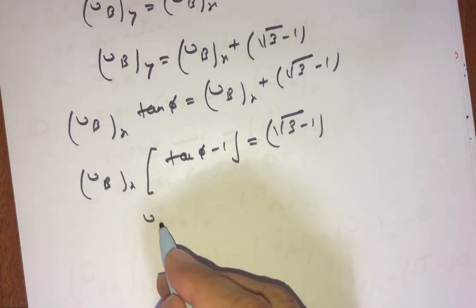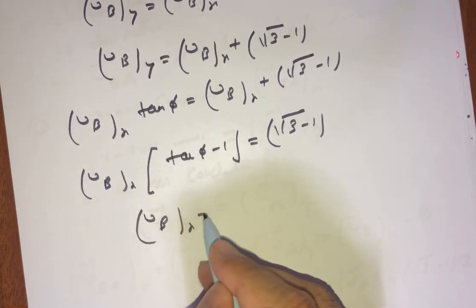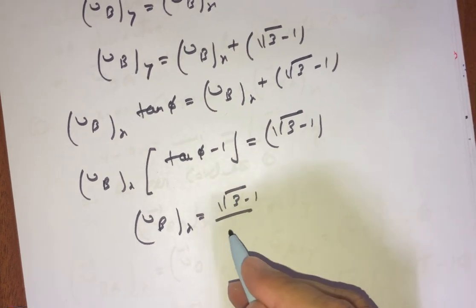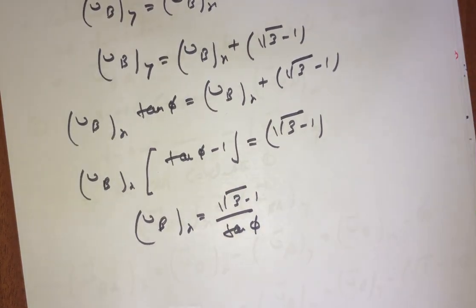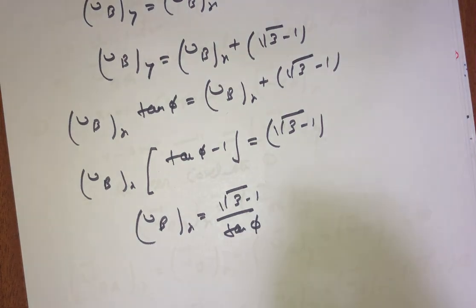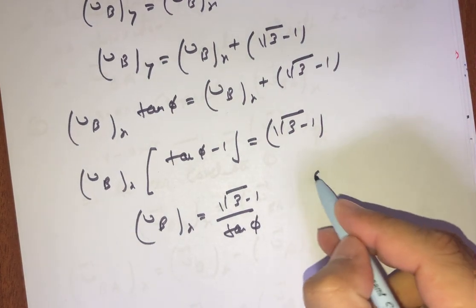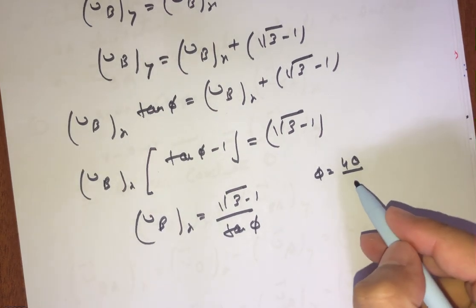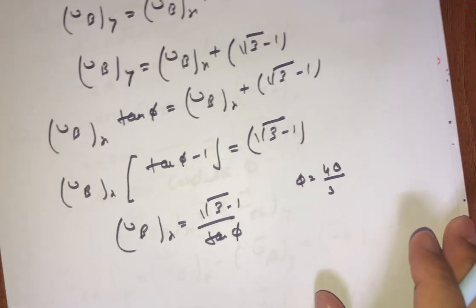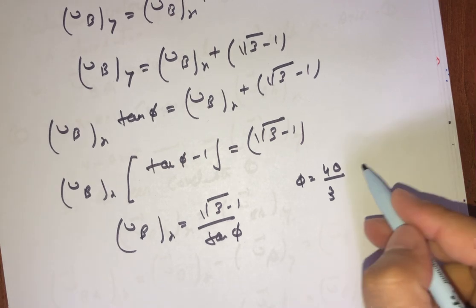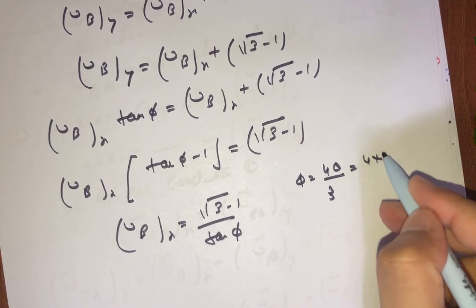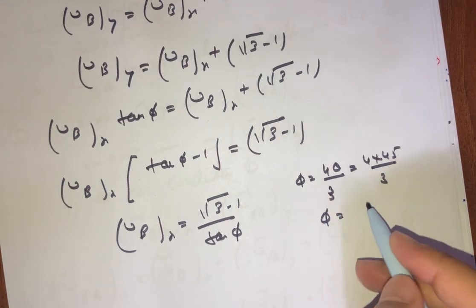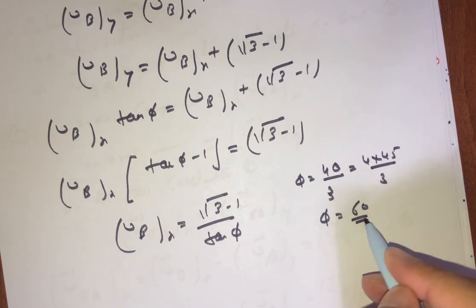From here VBx is equal to root 3 minus 1 divided by (tangent of phi minus 1). In the question it is given that phi is equal to 4 theta divided by 3, and theta is nothing but 45. So 4 multiplied by 45 divided by 3, we get phi as equal to 60 degrees.